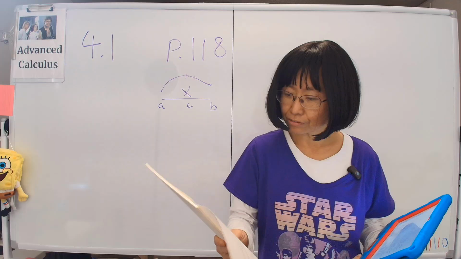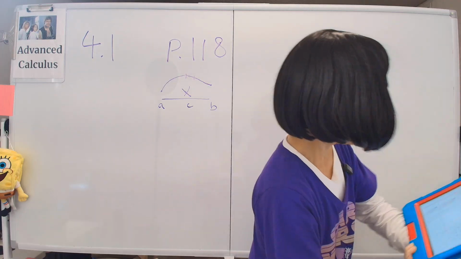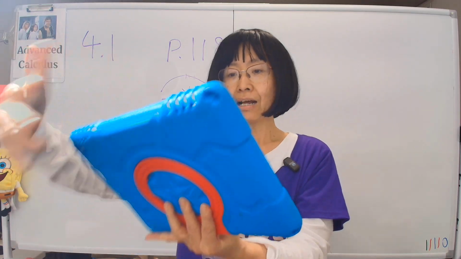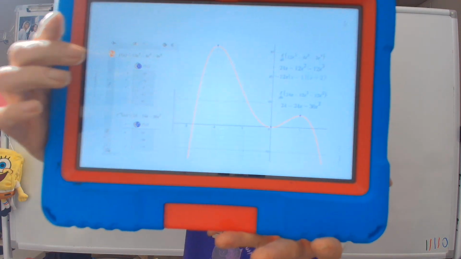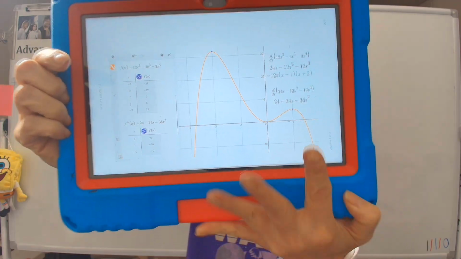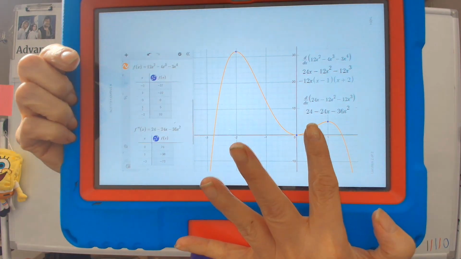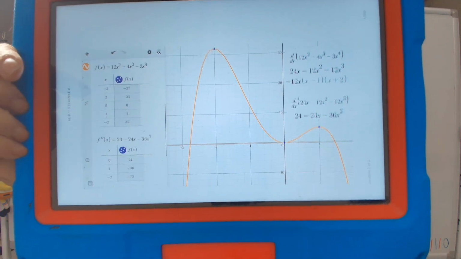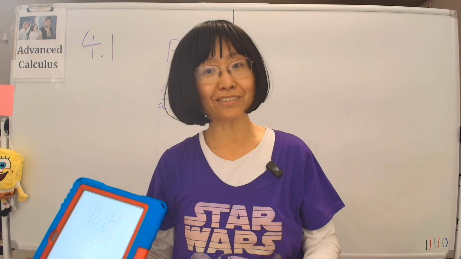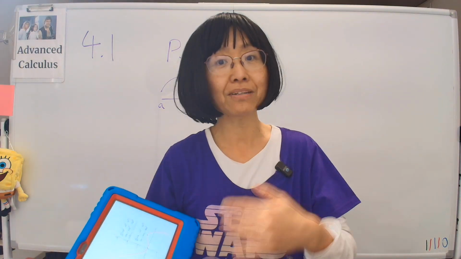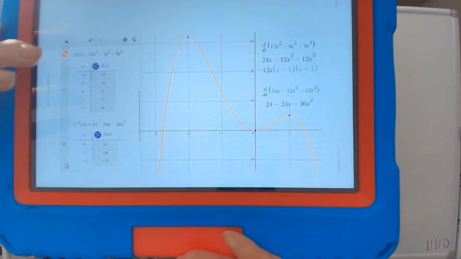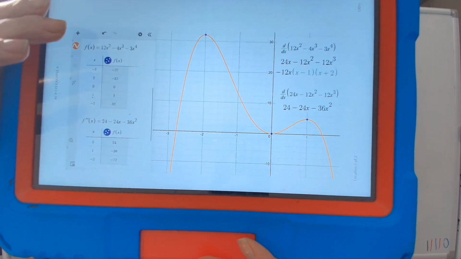So please do this part yourself, and I will show you what I did for example A. I used the function evaluation calculator and the derivative calculator to take all the derivatives, because I would rather not do that by hand. If you already know how to do something, repeating it is not going to make you get any better, except wear you out. But of course, feel free to do it by hand too, and there's nothing wrong with that.